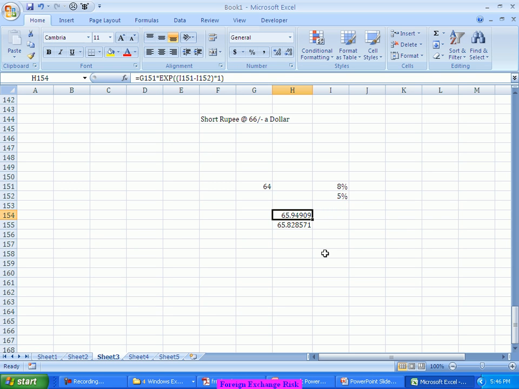Probably if there is a forward that is available at 66, better enter into a selling. If the forward rate is only 65.5, better enter as a buyer. You buy the foreign currency now because you can get it at 65.5 only after 1 year. As per the logic, it has to go to 65.94.